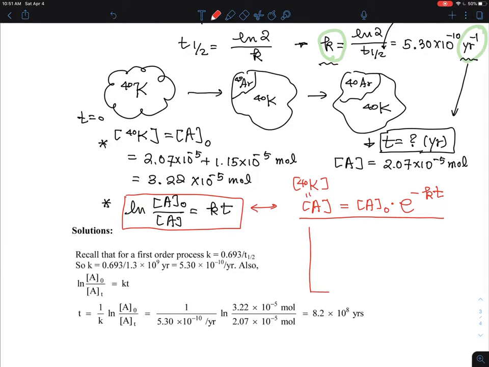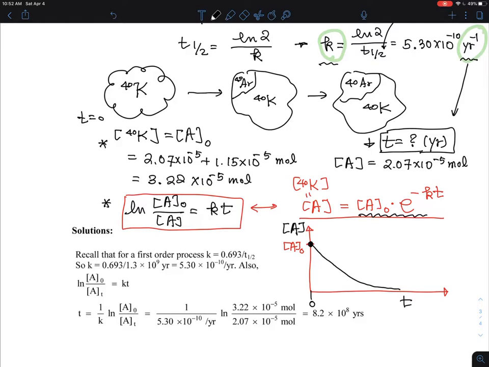If I have a graph like this, you should have this kind of conceptual understanding in your mind. The initial concentration is A naught here, and the y-axis is the concentration of A as a function of time. From time 0, this is your initial point, and if you plot this, it should look like that.